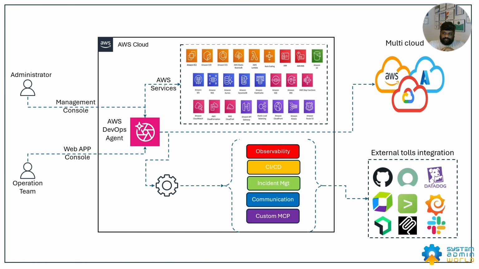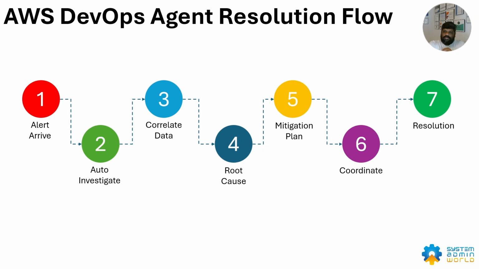So in the next slide, we're going to understand how the DevOps Agent architecture or resolution flow works. Let's walk through the AWS resolution flow. In the first phase, the alert arrives. The agent receives the alert from a source like CloudWatch or Datadog.